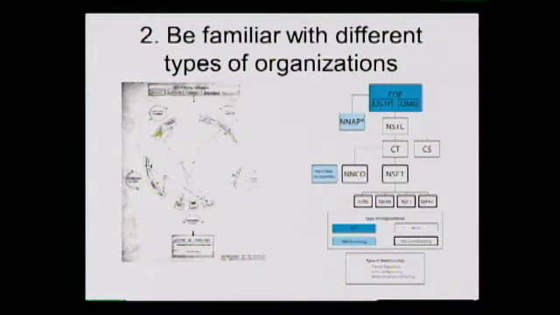Lesson 2: be familiar with different types of organizations. Modern science is organizationally complex. On the left, we have one of many, many organizational charts that were produced by the Manhattan Project. This is a project that had real difficulty figuring out how the different organizations involved were supposed to relate to each other.